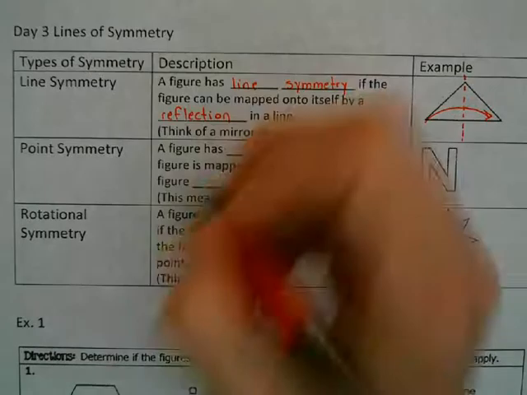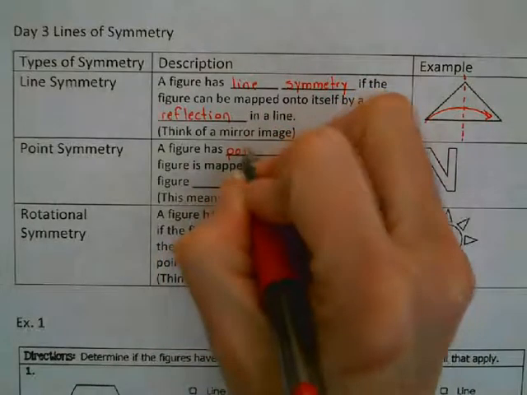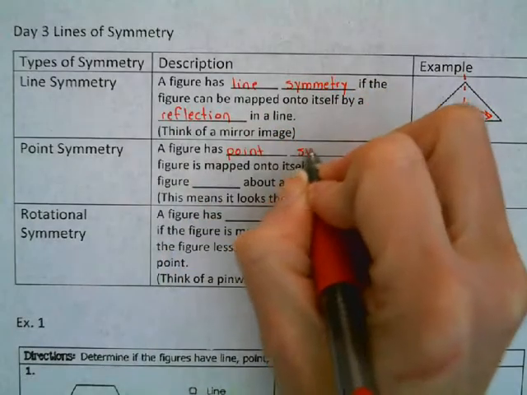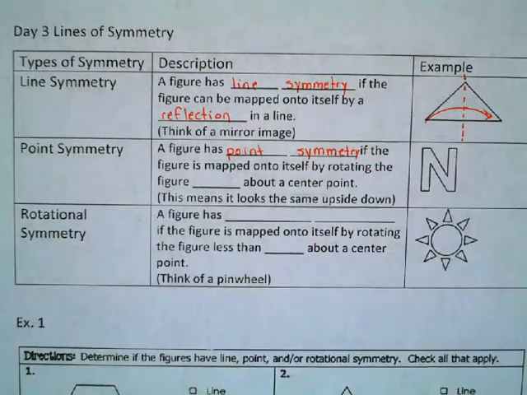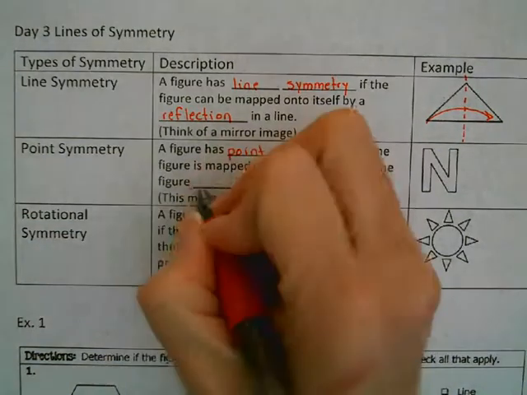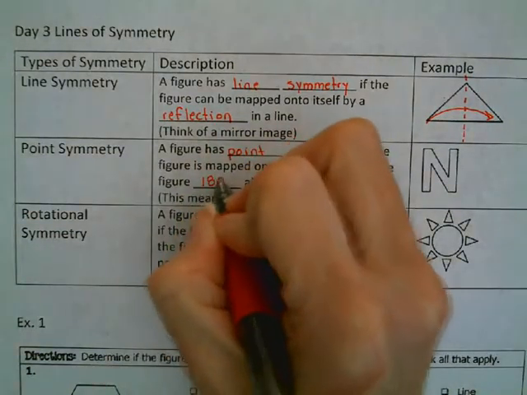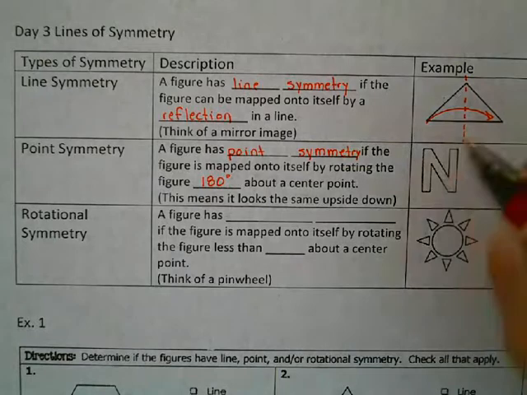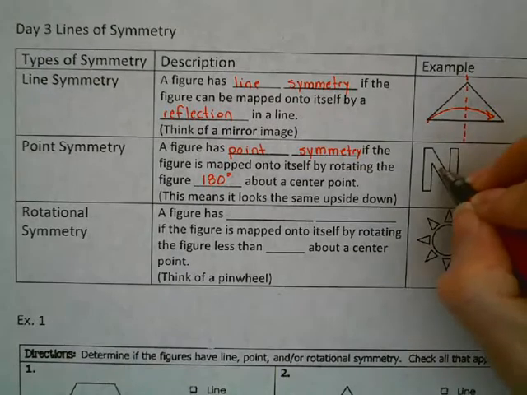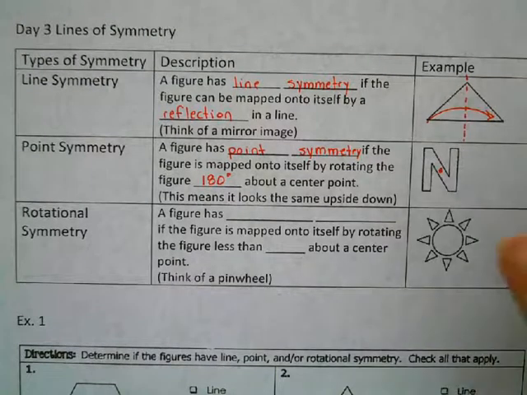Point symmetry. If the figure is mapped onto itself by rotating the figure 180 degrees about a center point. So, when I talk about a center point, it means the middle of the picture. If you were going to spin or rotate that, it means it looks the same upside down, basically.